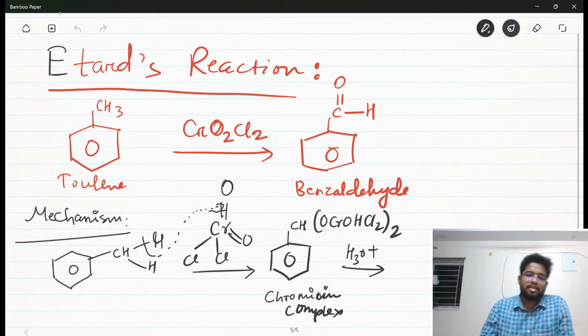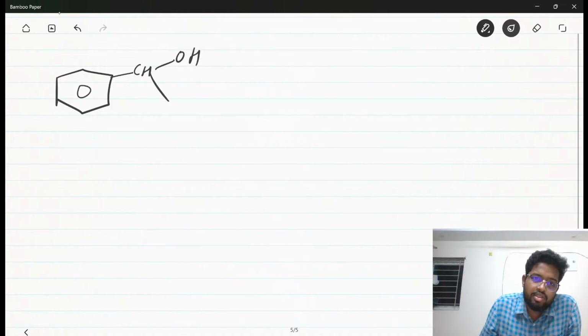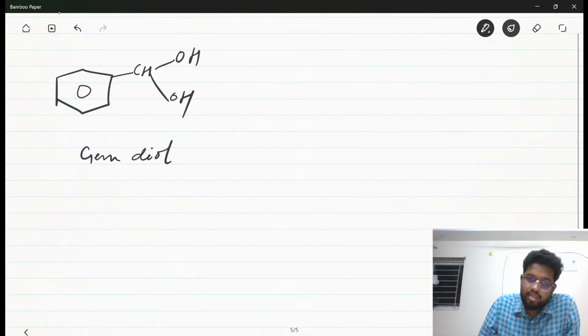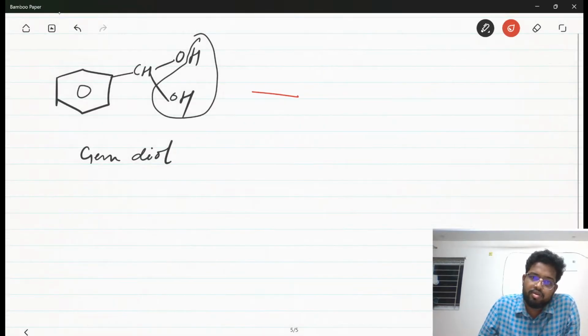Both that lengthy polar bond will break, and after hydrolysis, I will get CH(OH)2. Now this is a gem diol, and all of you know that gem diol is unstable and readily loses a single water molecule.